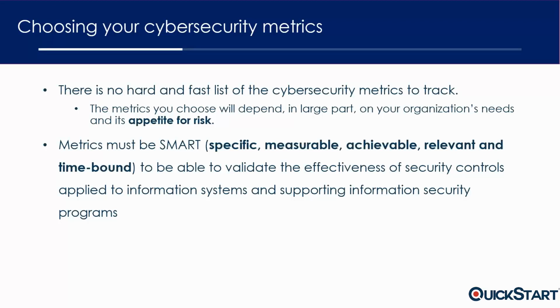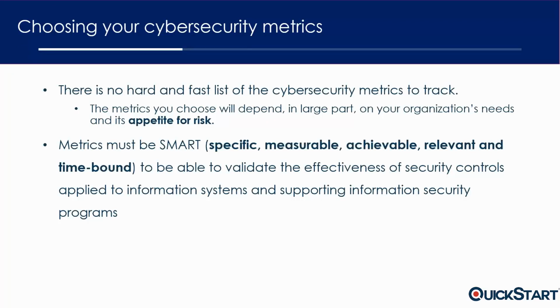So when we're looking at how to choose the correct metric, we're looking for SMART metrics. SMART simply stands for specific, measurable, achievable, relevant, and time-bound. Those are the decision points, or the data points, that you're looking for when deciding which metric is going to suit you best.